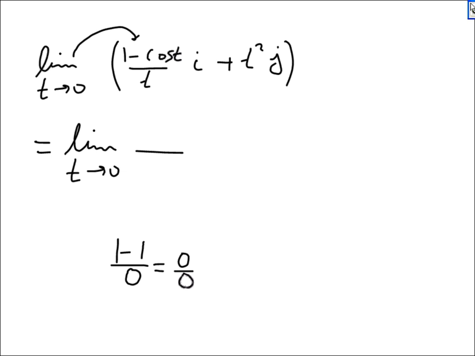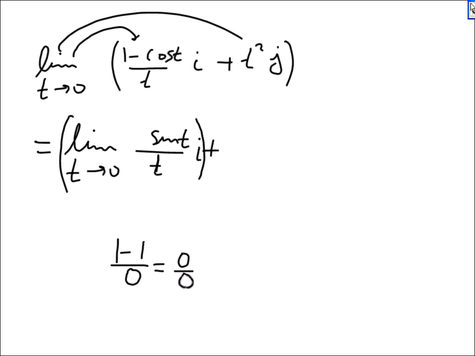The derivative of 1 minus cosine t is sine t. The derivative of the bottom is 1, times i, plus the limit of the second one. So it's just the limit of the first plus the limit of the second. Well, 0 squared is 0. So you get 0j.